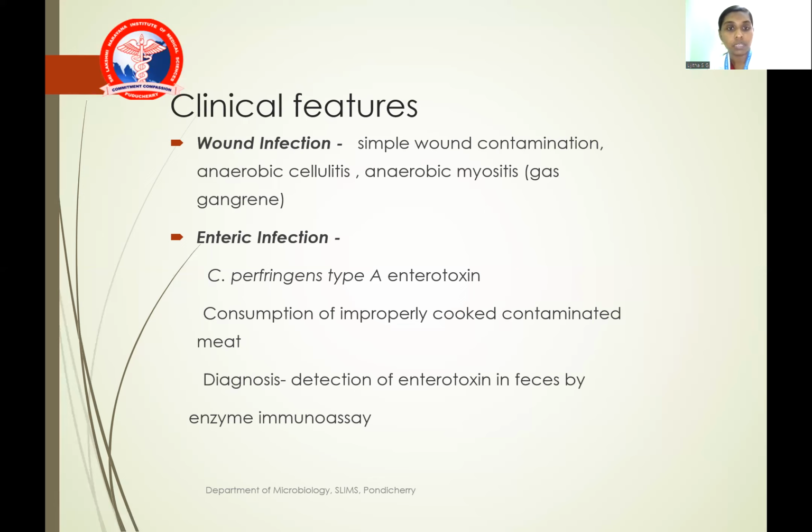Okay, so now coming to the enteric infection. This is due to Clostridium perfringens type A enterotoxin, and this occurs during consumption of improperly cooked meat containing the Clostridium perfringens. And we can diagnose the infection by detection of this toxin in the feces by enzyme immunoassay.